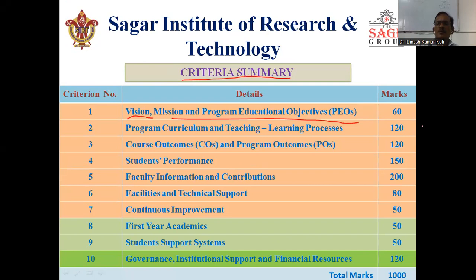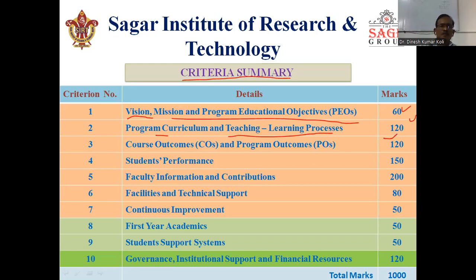It contributes 60 marks. Then criteria 2 covers program curriculum and teaching learning process. It covers 120 marks.